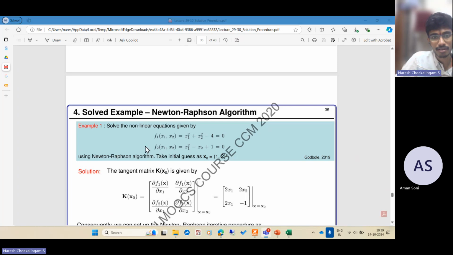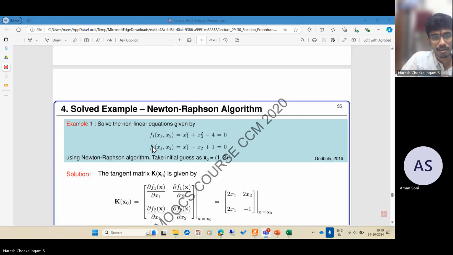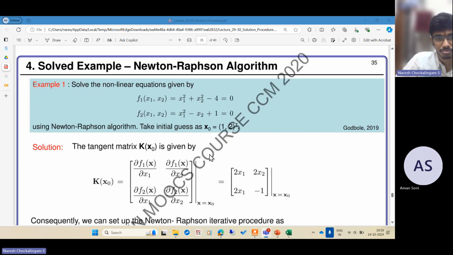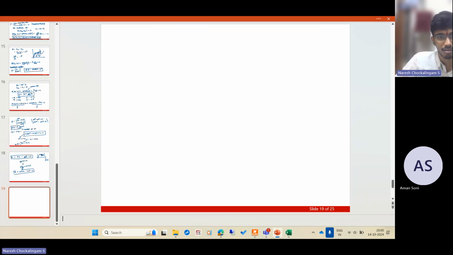You are given two nonlinear equations. So this is a 2x2 system. Think of it as a finite element, and think of this as an internal force or a force residual term.